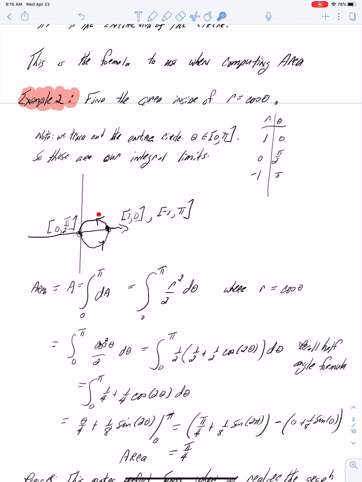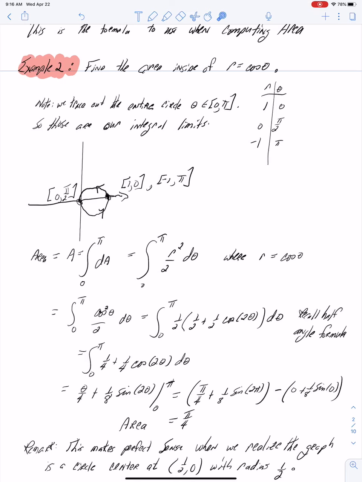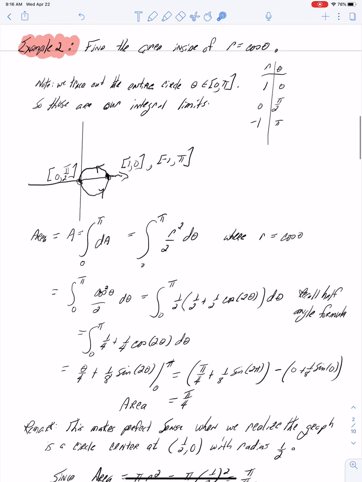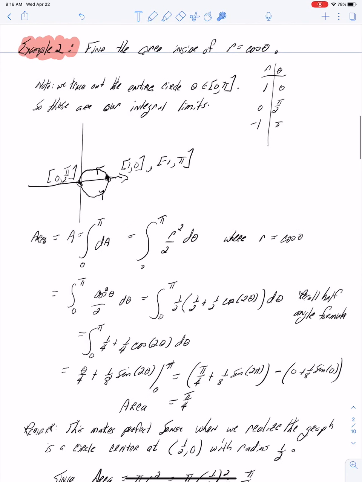I have 1, 0, 0 pi halves, and then I'm back here at minus 1 pi. So I've traced the entire thing as theta has run from 0 to pi, and that's important because if you trace a curve more than once or repeat yourself in an area, then you've added up extra area.